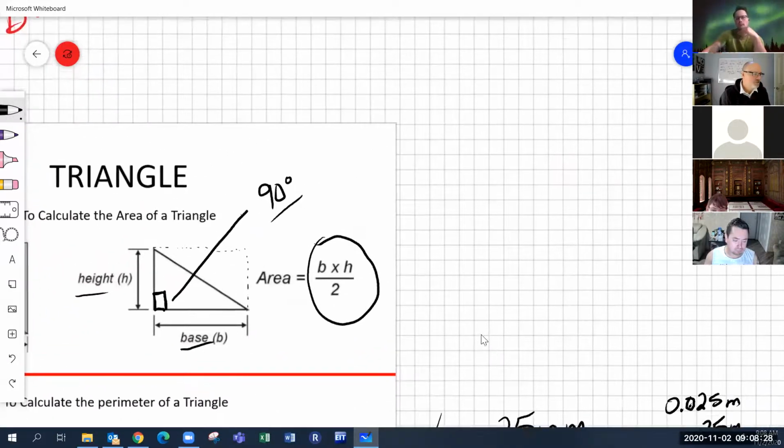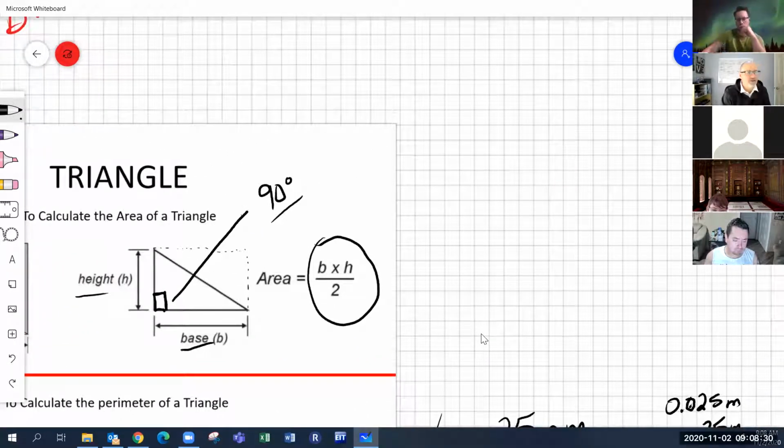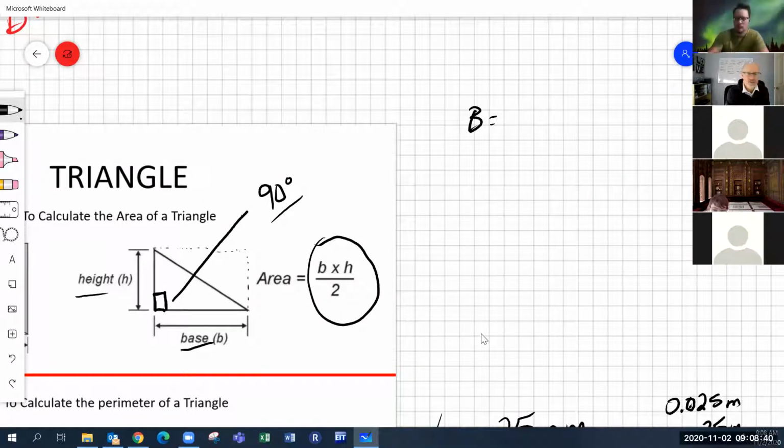So let's do a question on area of a right angle triangle. So say if I had a base that equaled, let's do something really crazy here, 5 5/8 inches. And I had a height of 1 foot 2.5 inches.